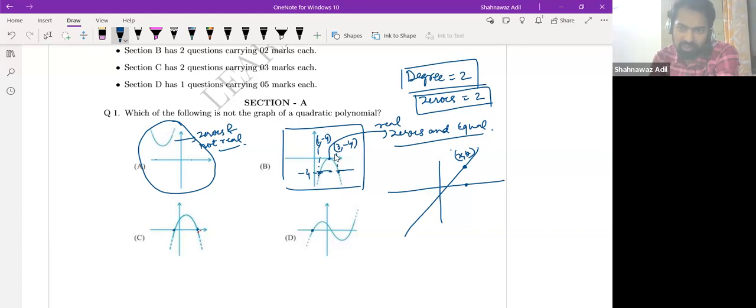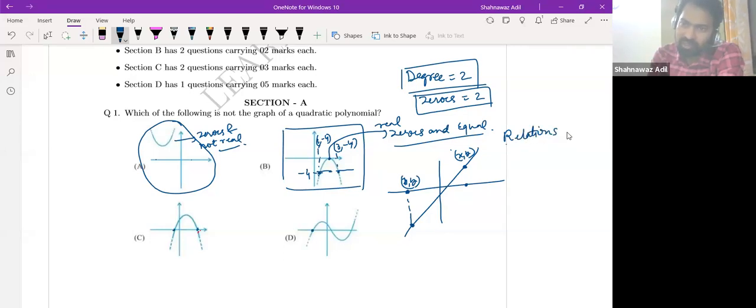Because for a linear equation, if you calculate one value of y, there would be one value of x for it. When you go to 11th class, you will study relations and functions.